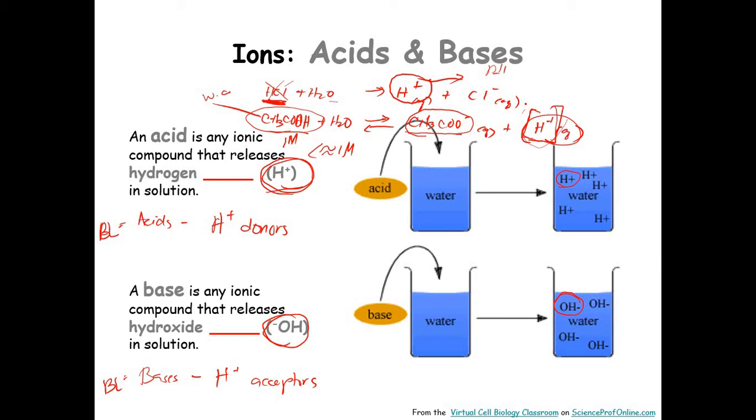Unsa kadaghan nga ma-release niya nga H+ in solution. Okay? Now, this is also the reason why only weak acids have reported Ka, meaning it's the acid dissociation constant. Kay if you report Ka, it's useless to report Ka for strong acids kay ang tanan baya mo dissociate into H+ and chloride, di ba?